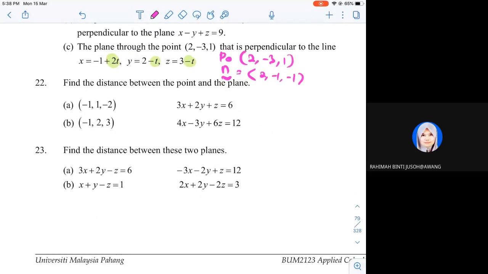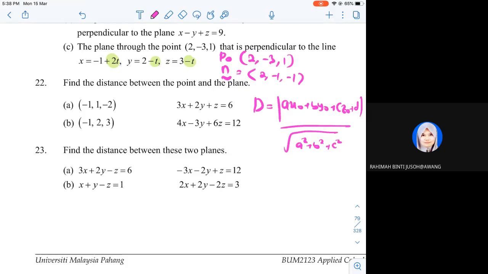Alright. Next, distance between two planes. Okay, between the point and plane also direct. Sebab formula distance tadi adalah ax naught plus by naught plus cz naught plus d divides by square root of a squared plus b squared plus c squared.